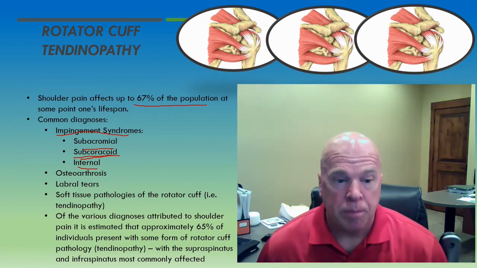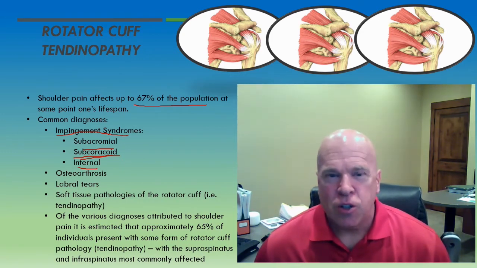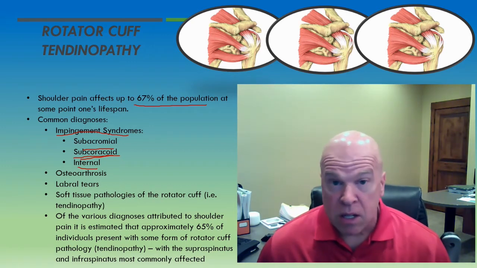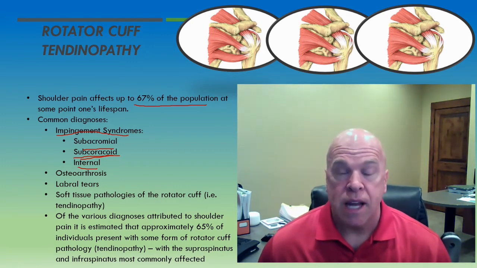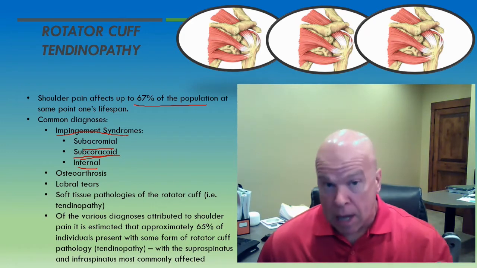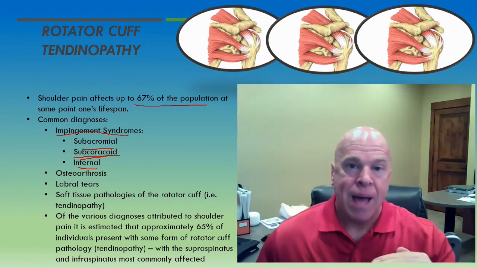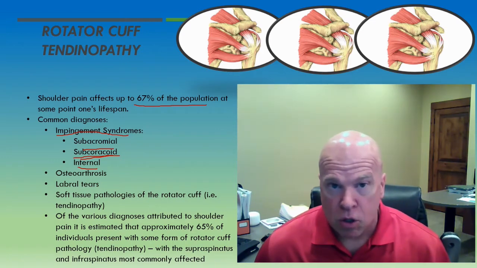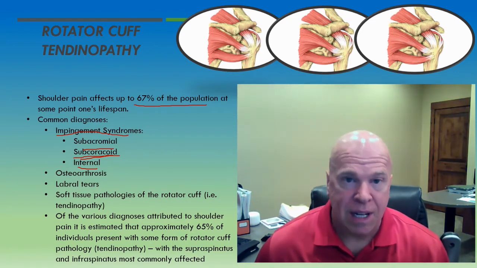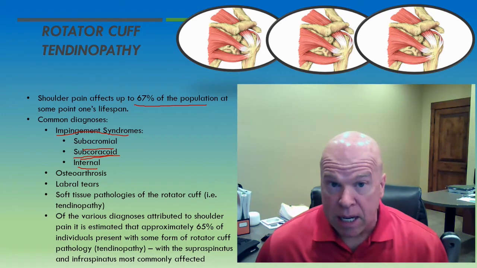And then finally, with the internal impingement syndromes, we again see an impingement of the supraspinatus tendon, but this time not underneath the acromion process, but back against the posterior and superior aspect of the glenoid cavity.